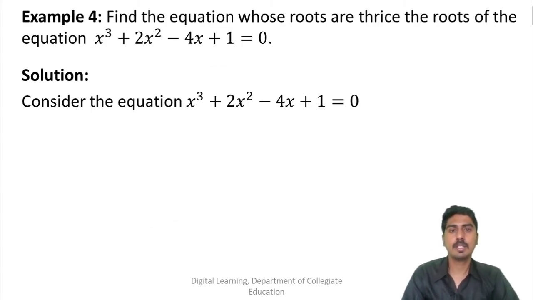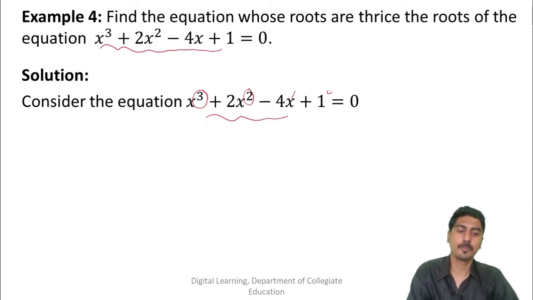Find the equation whose roots are thrice the roots of the equation x cube plus 2x square minus 4x plus 1 equal to 0. First consider this equation. We observe that this is a complete equation. This contains all the powers from 3 to 0.